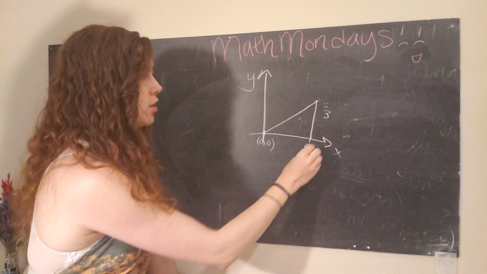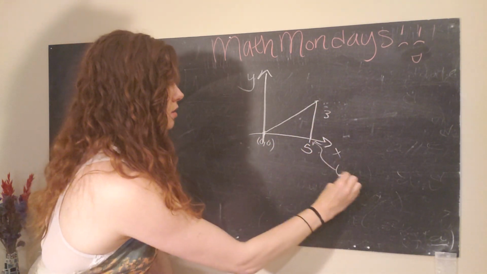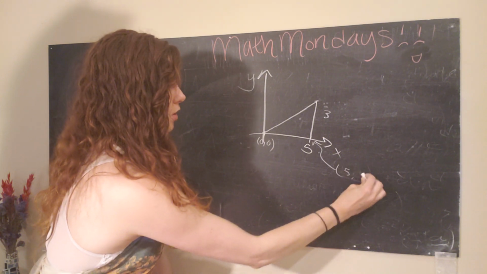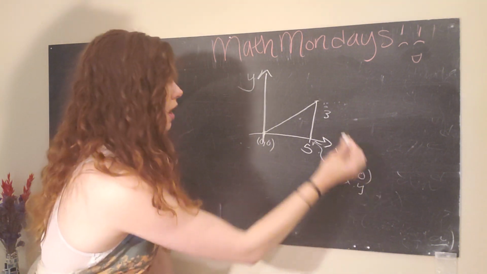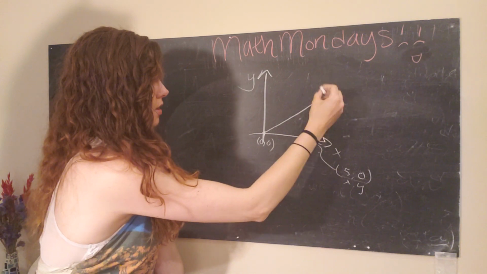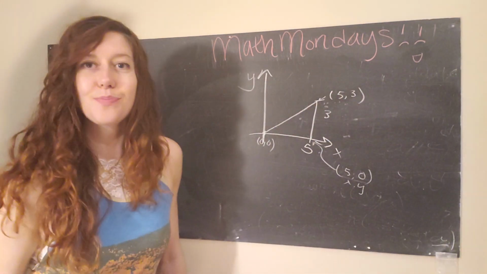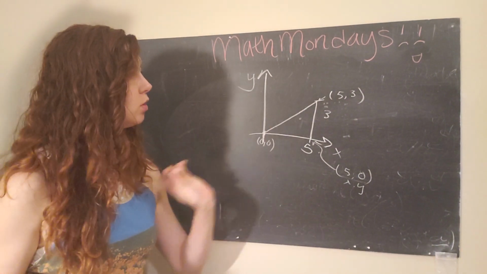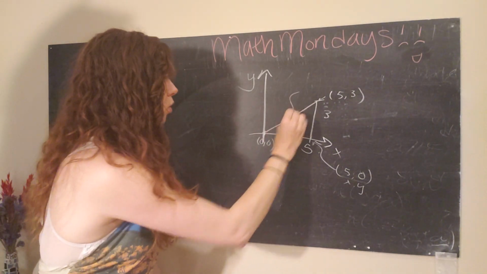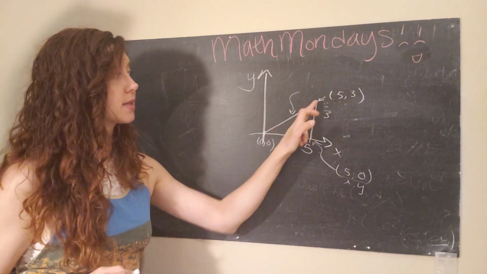So then I know that this point is 5, 0, where this is x, y, and this point is 5, 3. Okay, so this is helpful because we need to know what the equation of this line is.